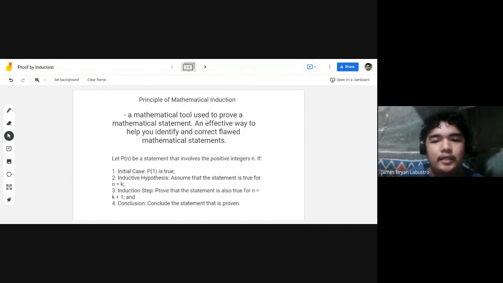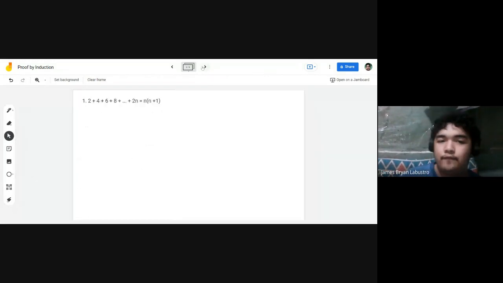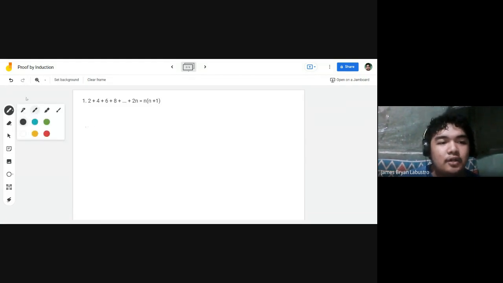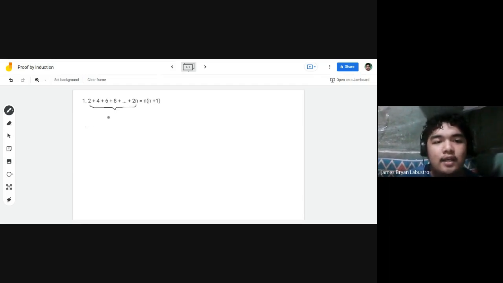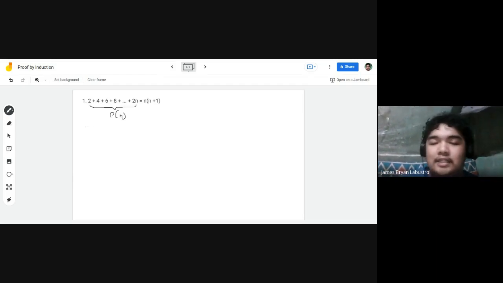So let's have the first example. We have the even integers 2 plus 4 plus up to 2n, equal to n times n plus 1. We have to prove that this statement is equal to this statement. The left hand side, 2 plus 4 up to 2n, is our P of n.